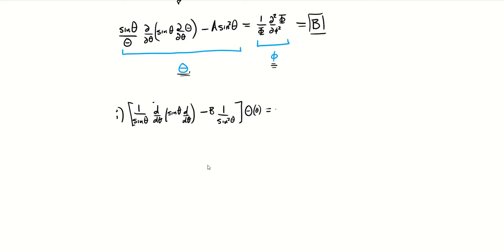It's going to be equal to negative A times that polar function. And our second equation is the azimuthal one, which is the second derivative with respect to that azimuthal angle of our azimuthal function, and it's going to be equal to negative B times our phi function. And again, we can solve this. We've done separation of variables down to get our differential equations in this problem.